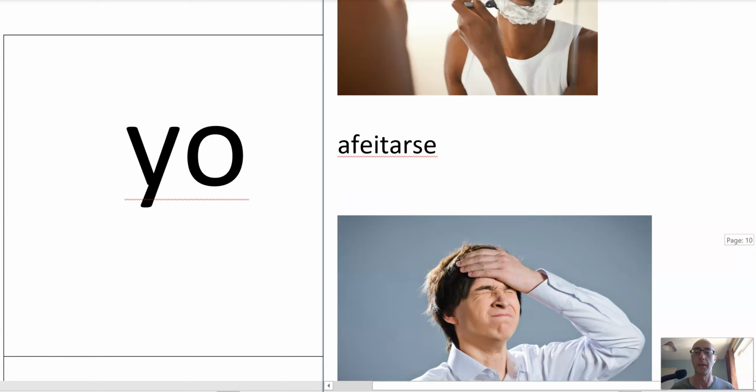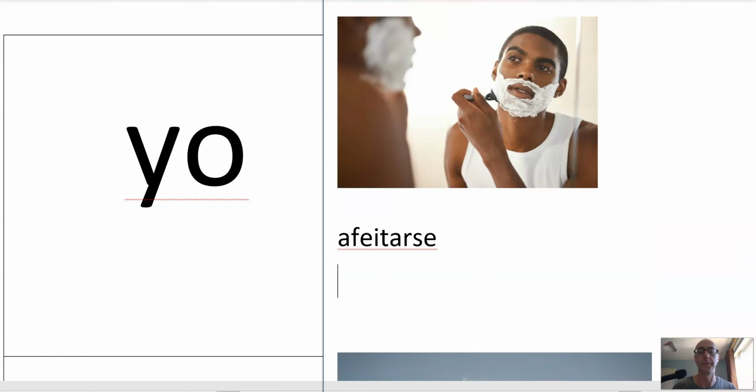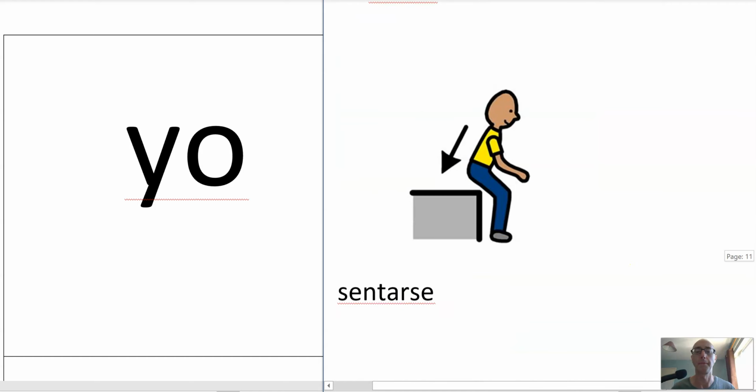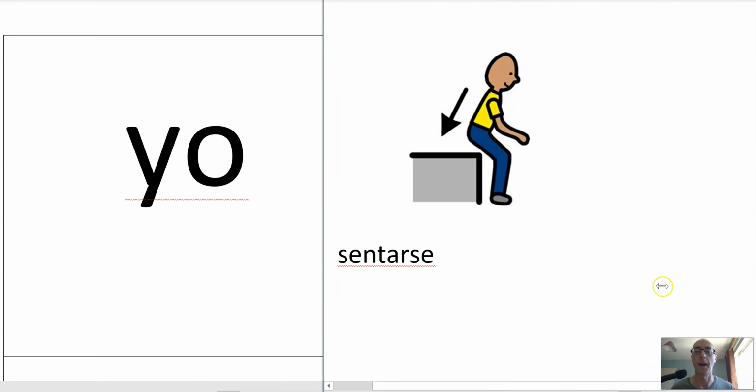I shave. ¿Cómo se dice? Again, we need me. Finish it. Me afeito. Remember, this is the verb, just conjugate it as normal. Present tense with the O. And let's do sentarse.